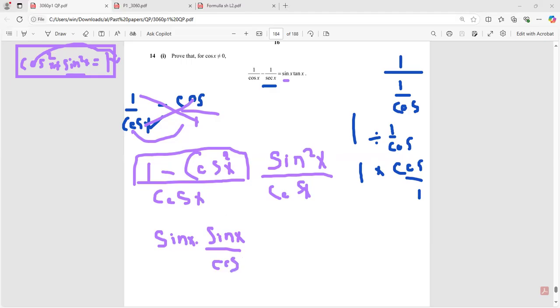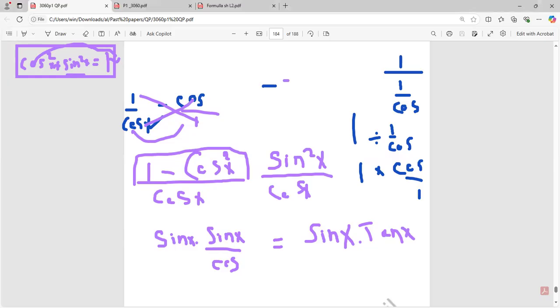Sine over cosine is tan, so it's equal to sine x multiplied by tan x. And I think we get it, this question. Yeah, we did it. Let's see the next.